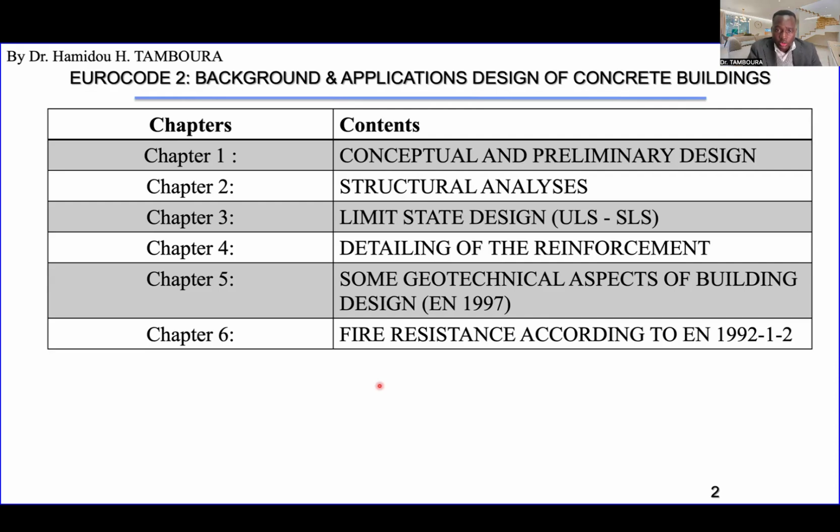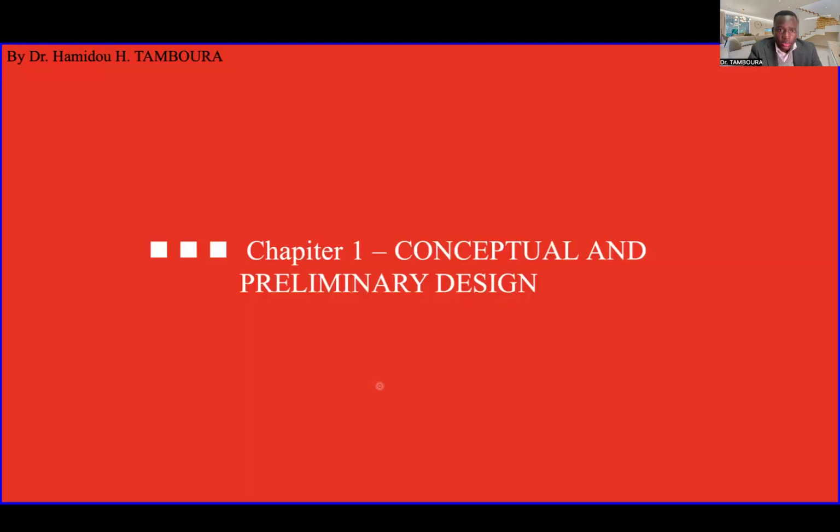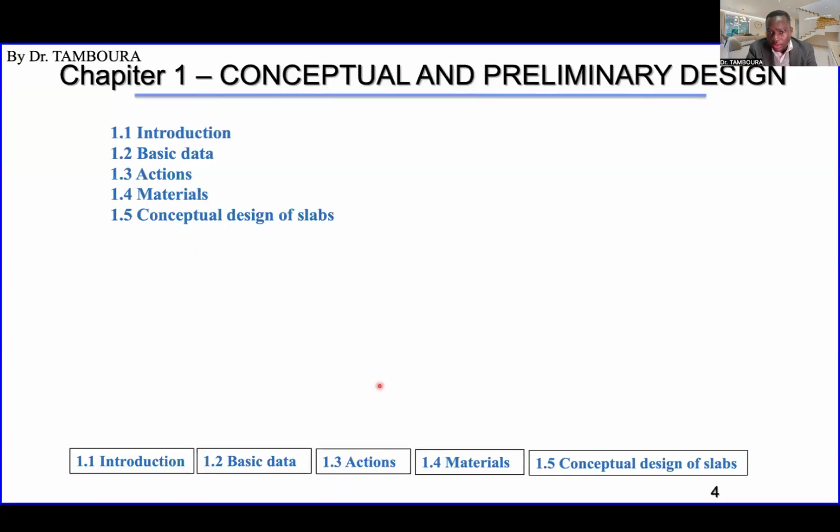For this first video, of course, we will start with chapter number 1, just introduction. Chapter number 1, conceptual and preliminary design. In this chapter, this is the content we will discuss: introduction, basic data, actions, material, conceptual design of slabs.